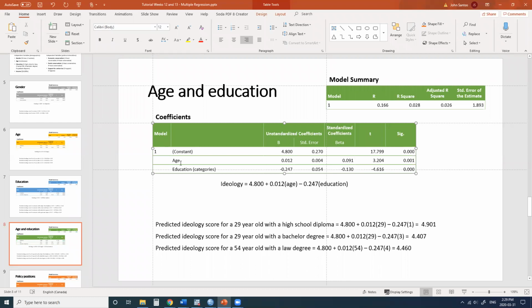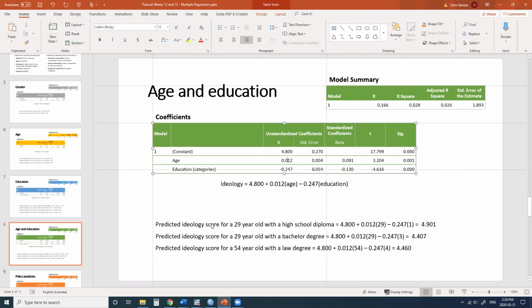You can imagine if we recoded age as decades, then the decimal point would move one place to the right, and it would be 0.12. But the standardized score wouldn't change because it's standardized according to Z scores. So that's one way that you can compare the relative impact of two different variables that go into this equation. But more important than the relative impact, I think, is the substantive impact, right?